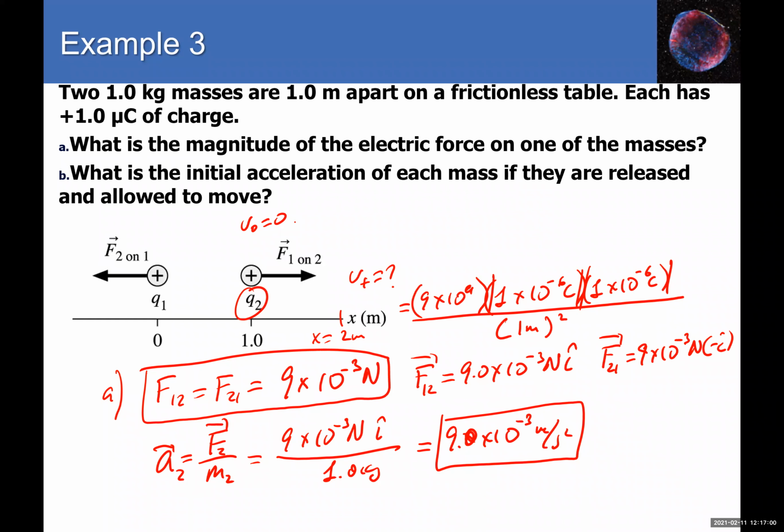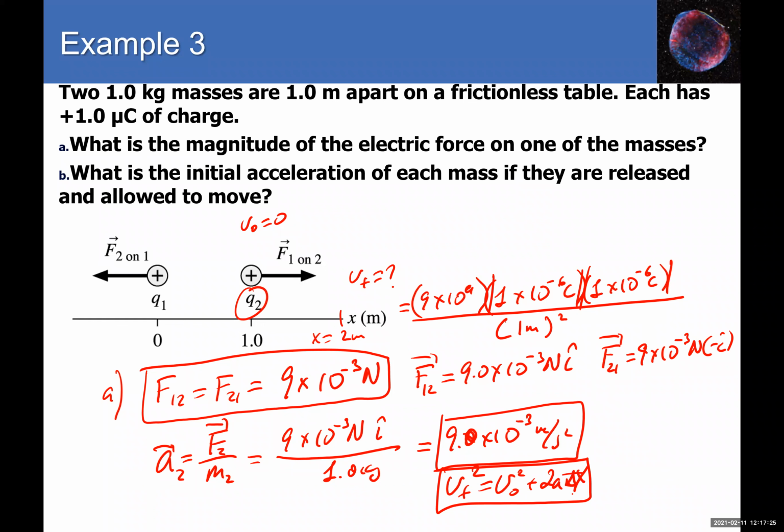Well, I have calculated force and acceleration, and sometimes it's intuitive for students to think that they can say, okay, v final equals v initial plus at using this kinematic equation, or since we're not given technically the time, we can use v final squared equals v initial squared plus 2 times acceleration times delta x.